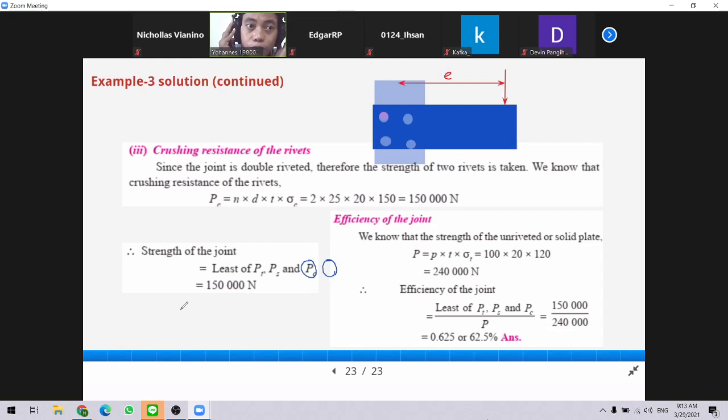So we have to break the joint if we want to disassemble the component. But if we use the bolt and nut, it is not a permanent joint, so it is easier for us to assemble or disassemble the component. That's the main difference.